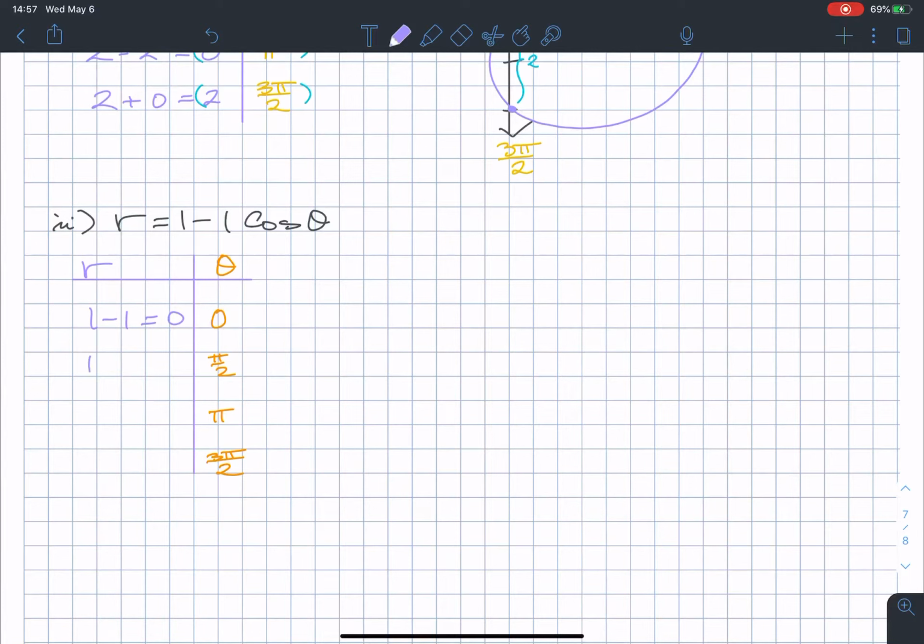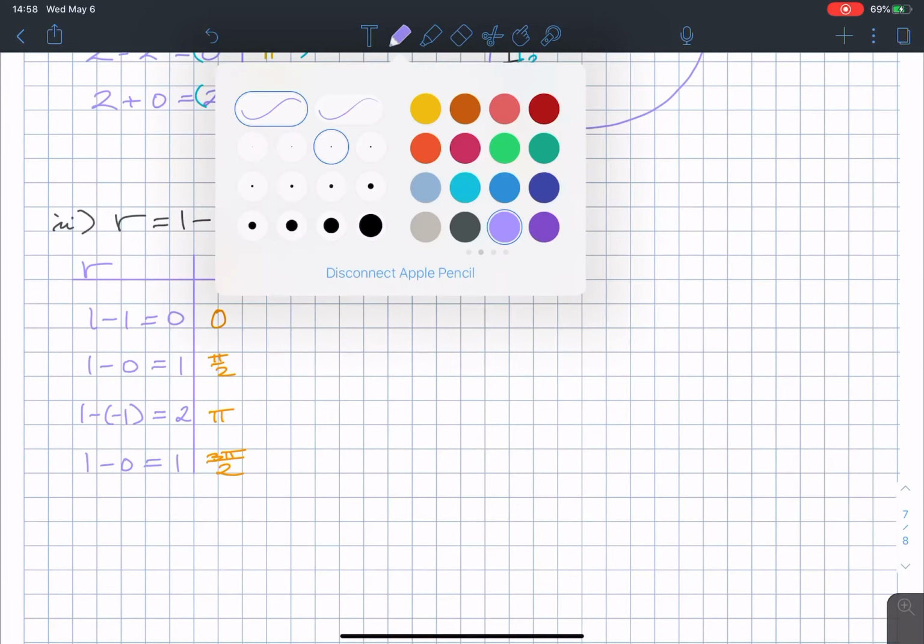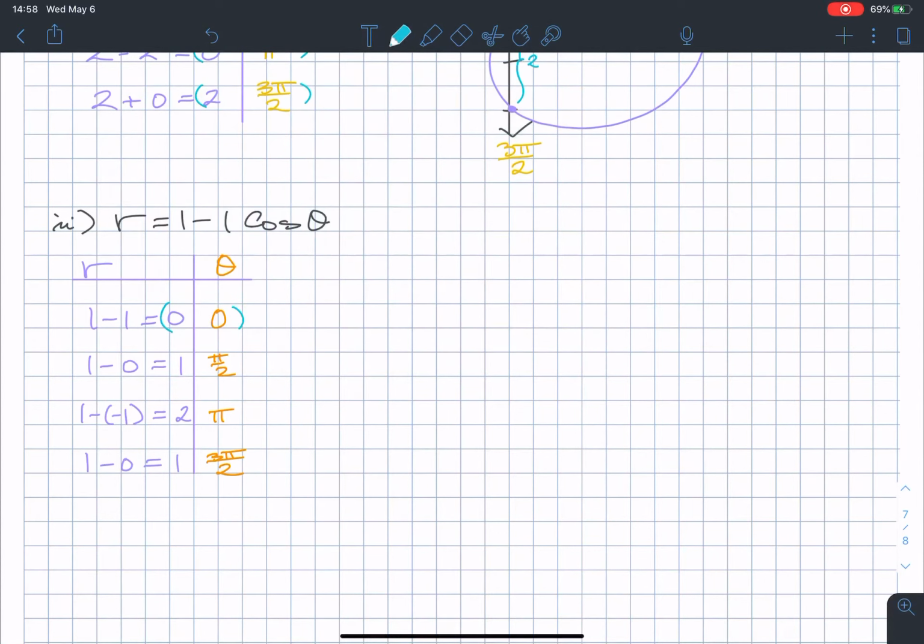Then 1 minus 0, which is 1. Then 1 minus a negative 1, which is 2. And finally, 1 minus 0, which is 1. Okay, so these are the 4 points I have in the 4 directions.